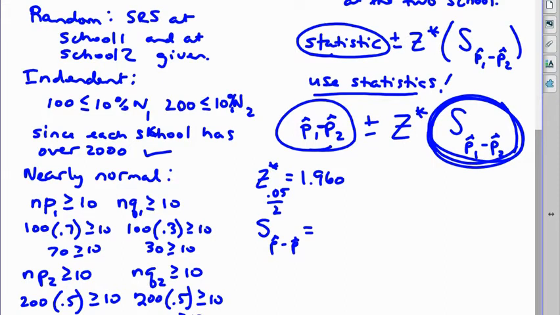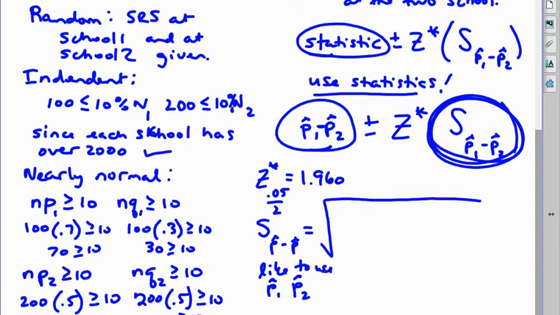Again, I would like to use P hat sub 1 and P hat sub 2. I would like to use these values right here, but I don't have them. So the best guess I have at them is going to be P sub 1 and P sub 2. Now I wish I could use the sample values.